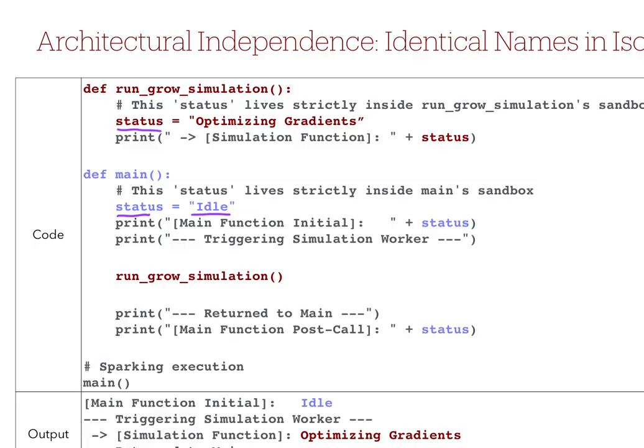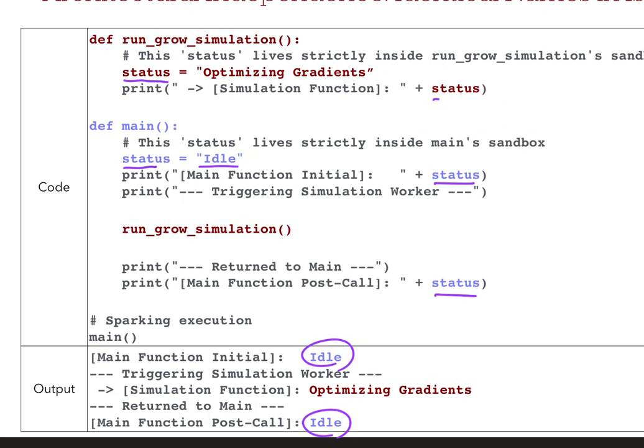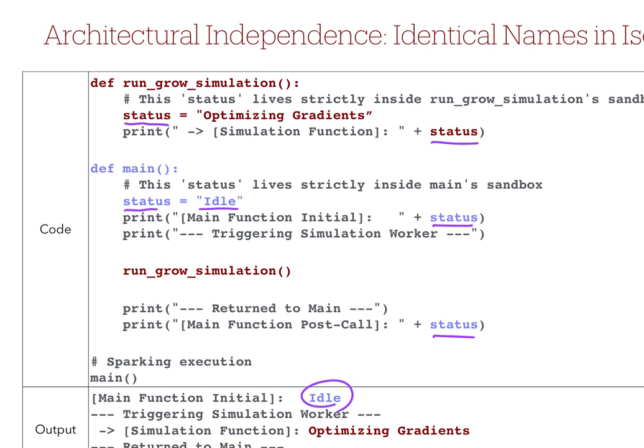But within the main function, the status has the value of idle. So within this main function, if I try to print the value of status, it has the value of idle. If you use the variable status within this run grow simulation, it has the value of optimizing gradients.